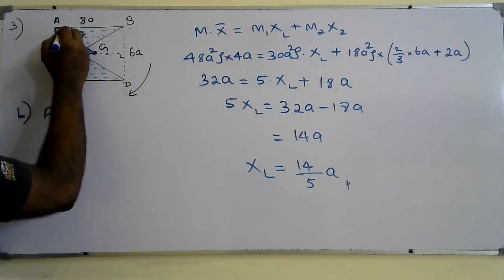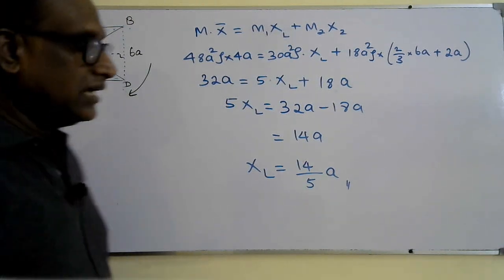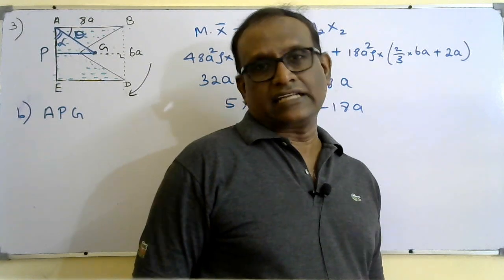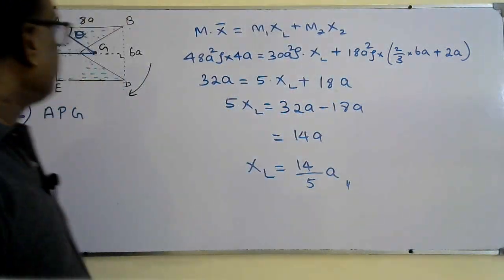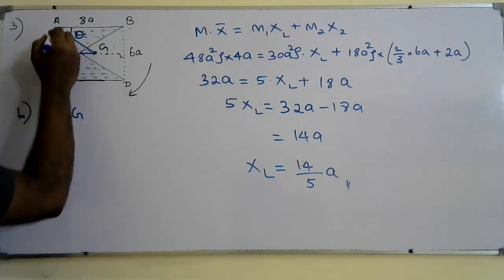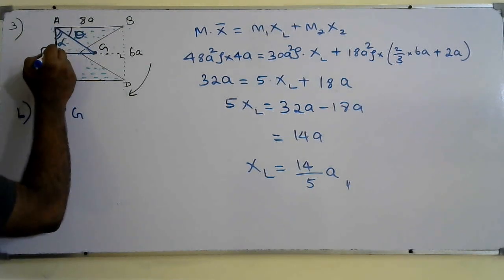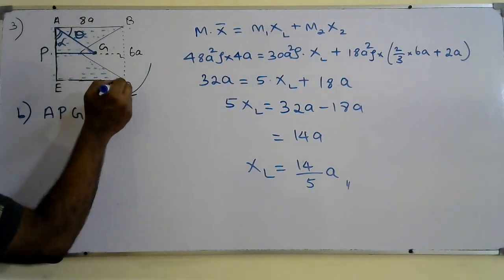This angle, let it be alpha. This angle is 90. So if I find alpha, 90 minus alpha is the theta. How can we find the alpha? In this right angle triangle, the length AP is equal to 3a, because it's a midpoint, half of 6a.